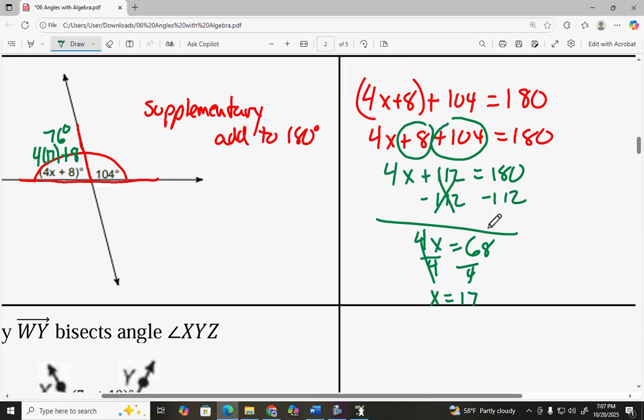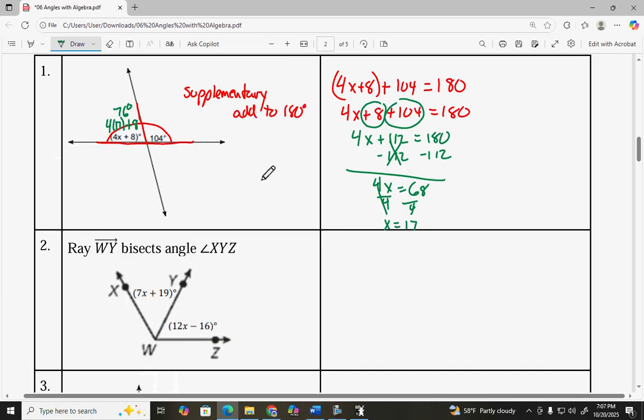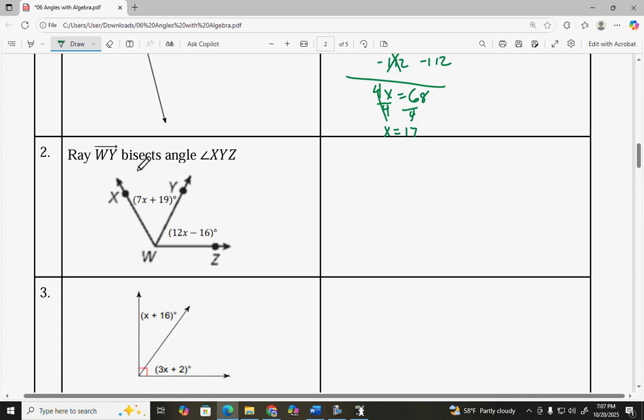All right, so this is what I need you to do today. Maybe I'll try another one with you that has maybe line segments in it. So this says bisect. So remember, bisect means equal to each other. That's all I'm going to do for you.